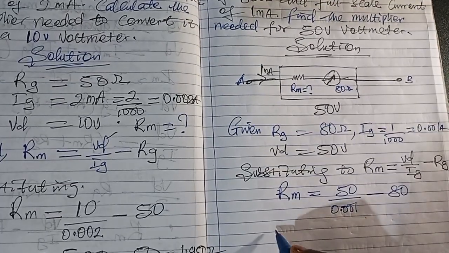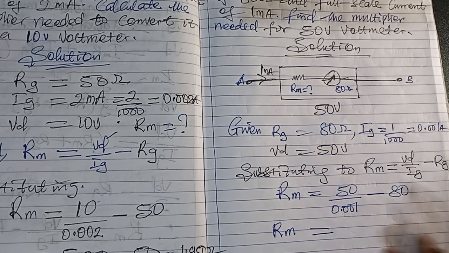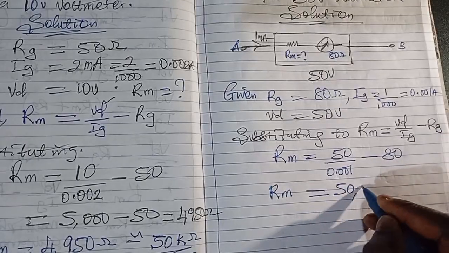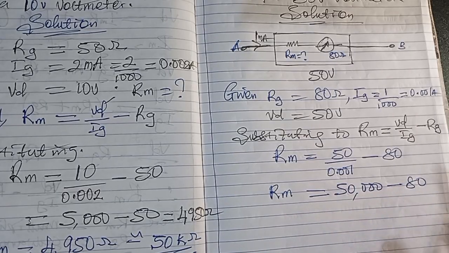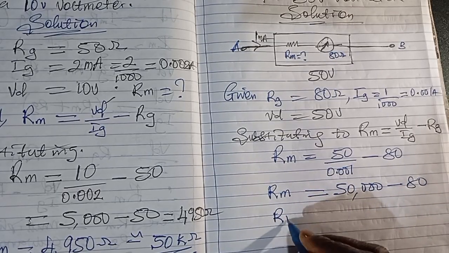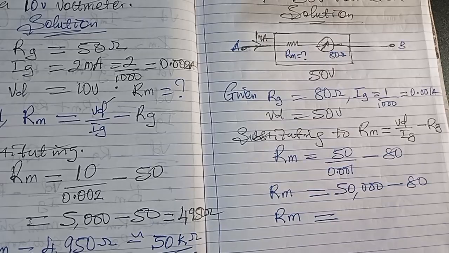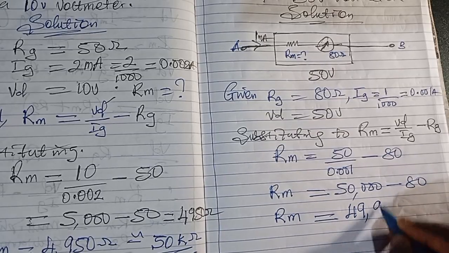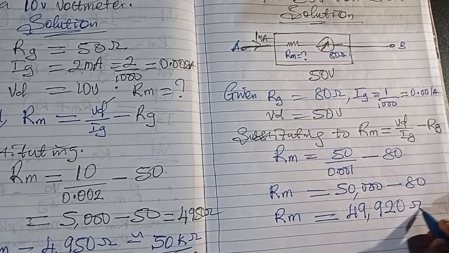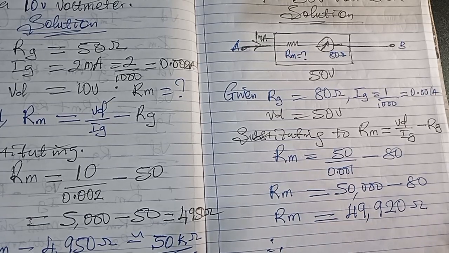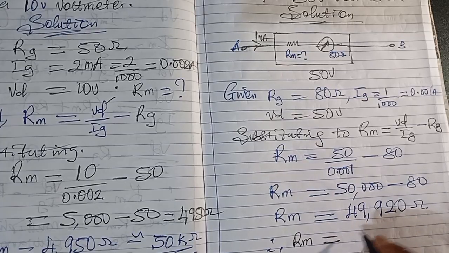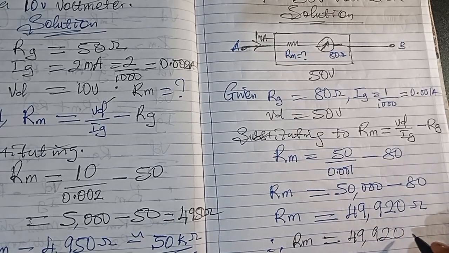So Rm will be 50,000 minus 80. Rm is equal to 49,920 ohms. Good. So therefore, Rm is 49,920 ohms.